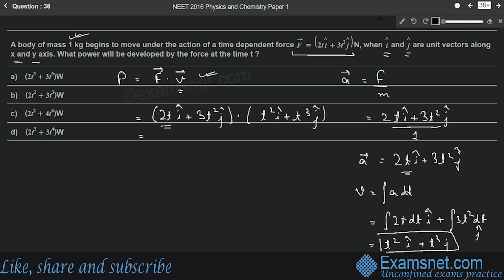Here we'll get 2t into t square, that means 2t cube, plus 3t square into t cube, that means 3t to the power 5. Okay, so this is the power. Let's match this answer. 2t cube plus 3t to the power 5, that means option A, and the unit is watt. Okay, option A is the correct answer.